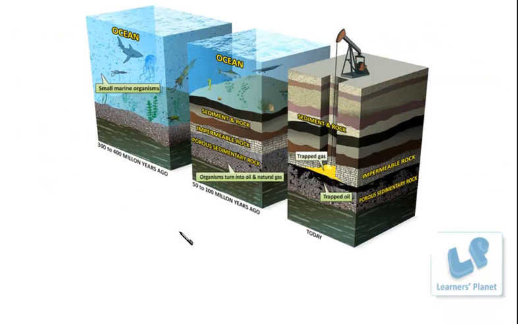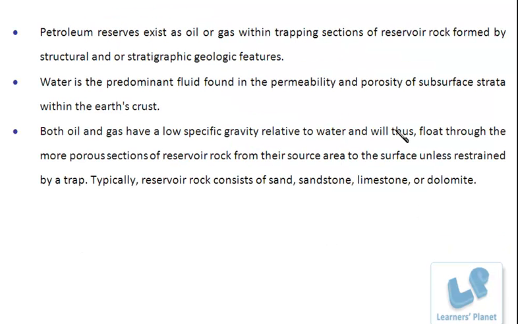So we have seen it here. The oil and natural gas are formed. They'll move through the more porous sections of the rocks. They'll move up. Why? Because they have low specific gravity. So they'll move up, leaving water beneath.